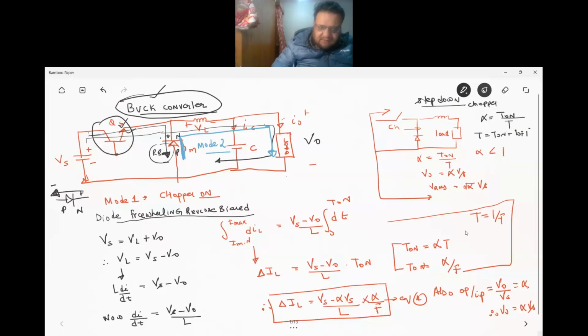So this diode will open up, and only this part of the circuit will be remaining.